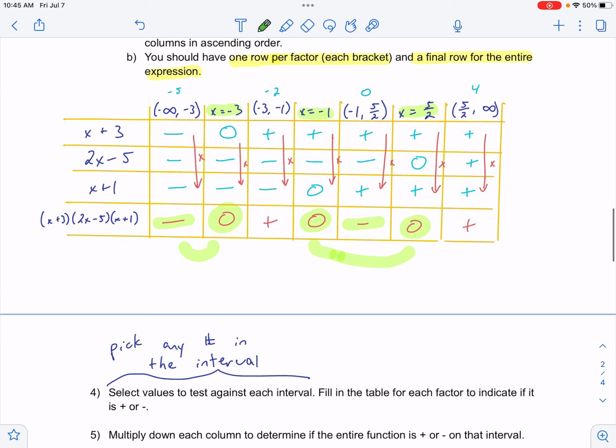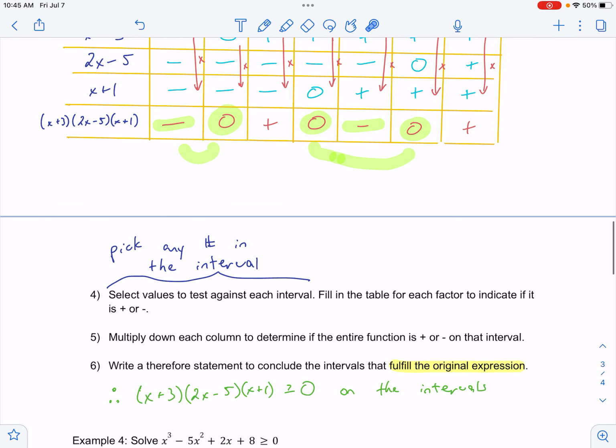The first interval is anything up to and including negative 3. Including negative 3 because it's 0 at negative 3, and anything before that because it's off to infinity here. So our first interval will be negative infinity to negative 3 inclusive.